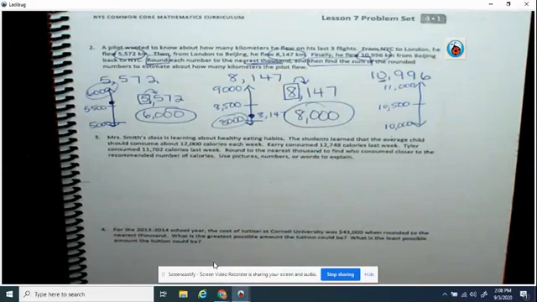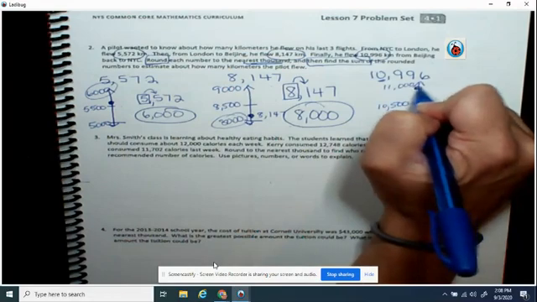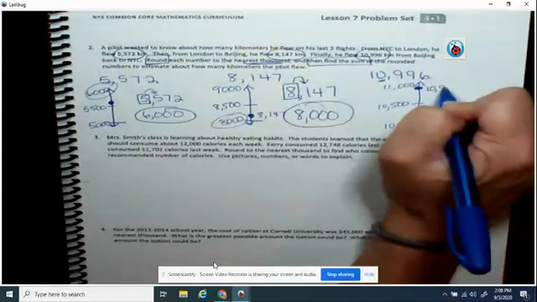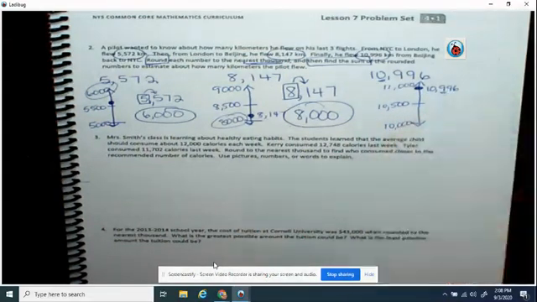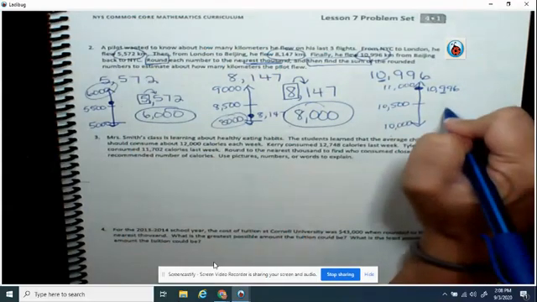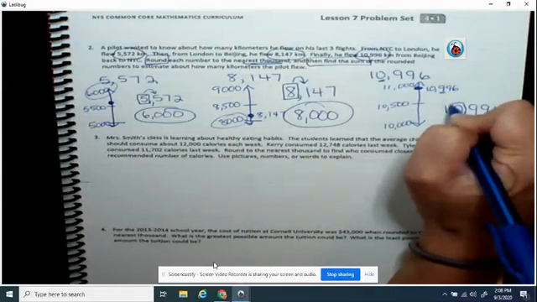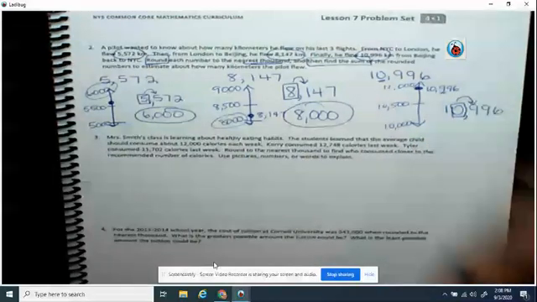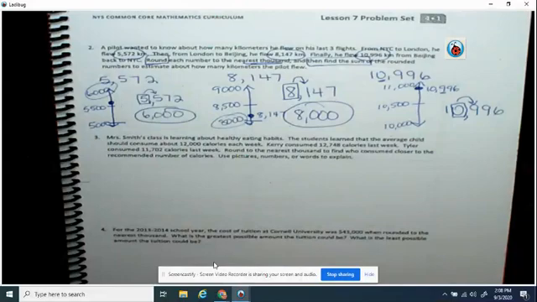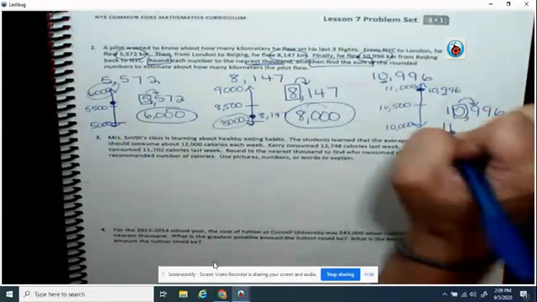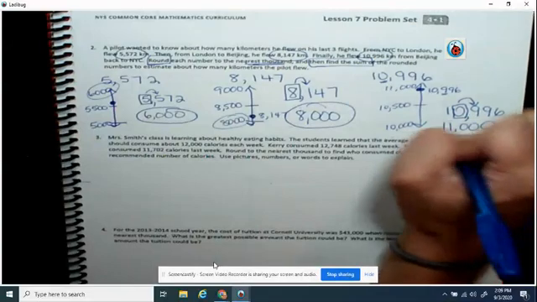So 10,996 is definitely way up here, close to 11,000. 996 is only 4 away from 11,000. All right, so if we do it this way, where we just box our thousands place, and we look next door, it's a 9. If it's 5 or greater, we round it up. We're definitely going to round it up because it's a 9. So we're rounding it up to 11,000.